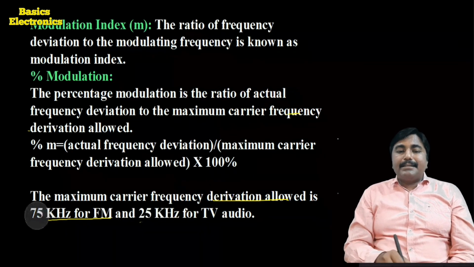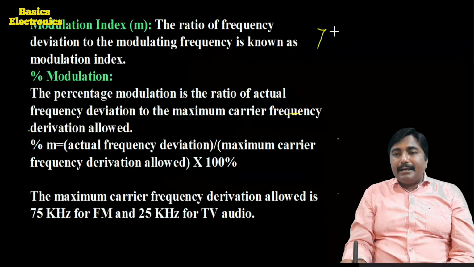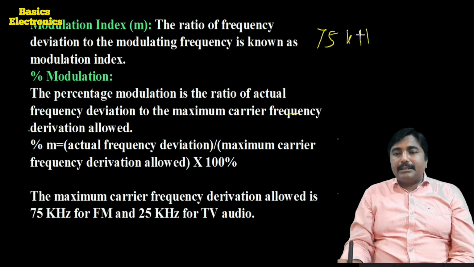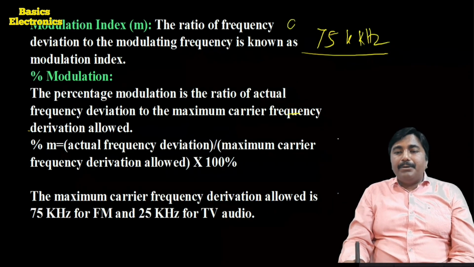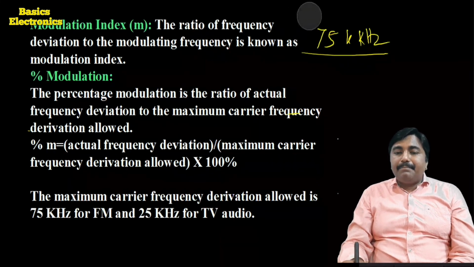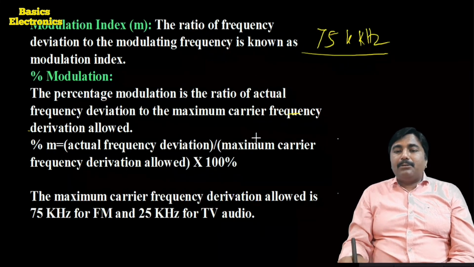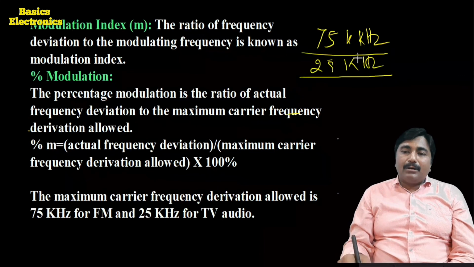So the maximum frequency deviation allowed is 75 kilohertz for the audio of the FM station, and 25 kilohertz for the television audio.